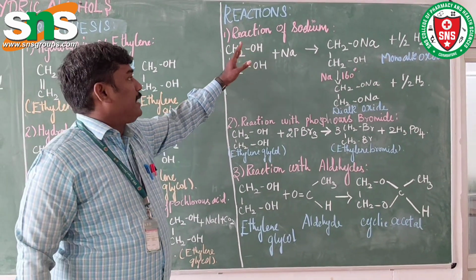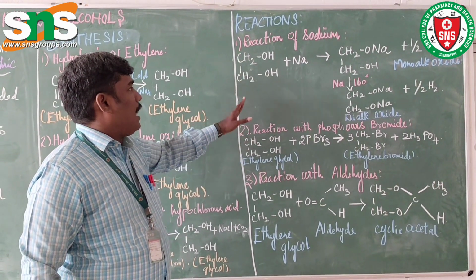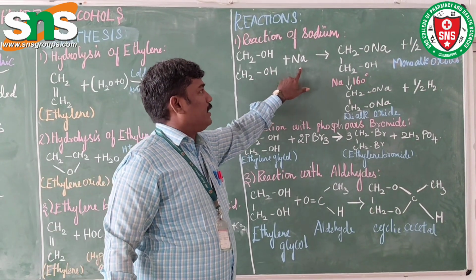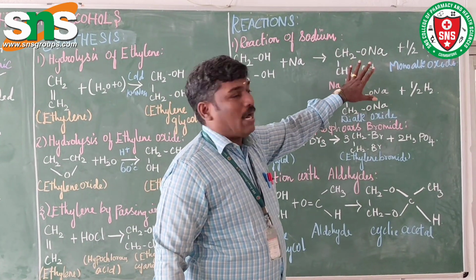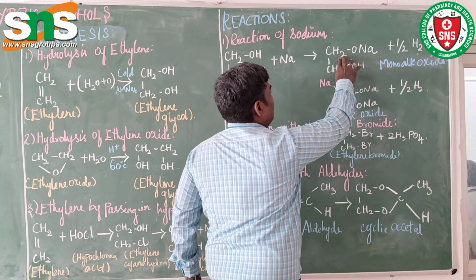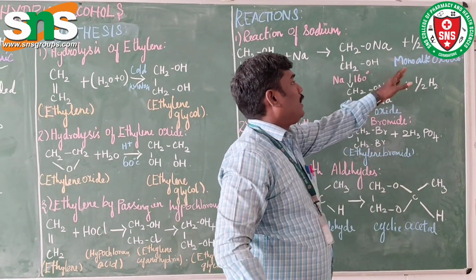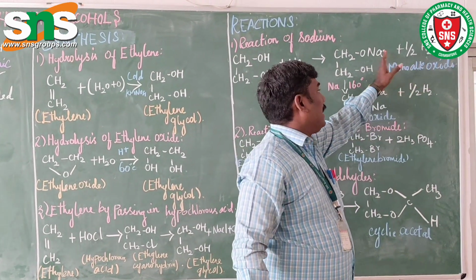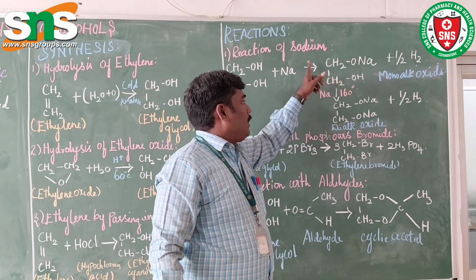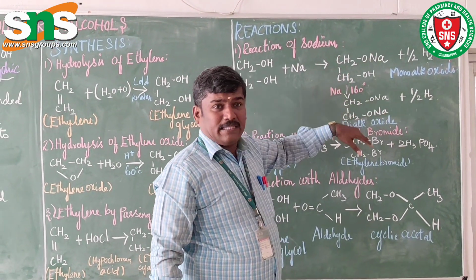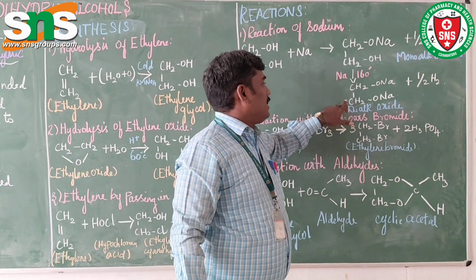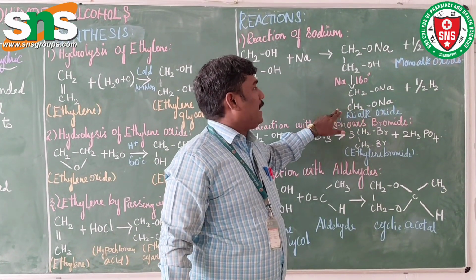Next are the reactions of this dihydric alcohol, CH2OH, CH2OH. On treatment with sodium metal, a monoalkoxide will be formed, CH2ONa, with half a molecule of hydrogen, half H2, eliminated. This monoalkoxide on further treatment with sodium at a temperature of 160 degrees Celsius gives the dialkoxide.